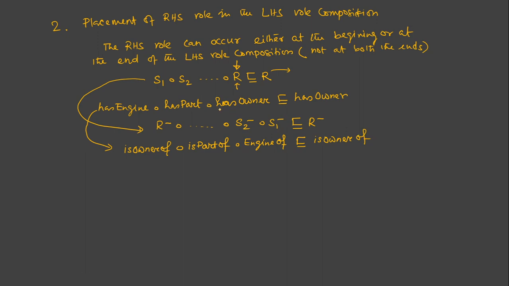Now let us replace all these inverses in a different form. So we make R inverse equivalent to R prime, then S2 inverse equivalent to S2 prime, then S1 inverse equivalent to S1 prime, and this will become R prime. So you see, the role name that appears in the right hand side appears in the first position of the role composition in the left hand side.